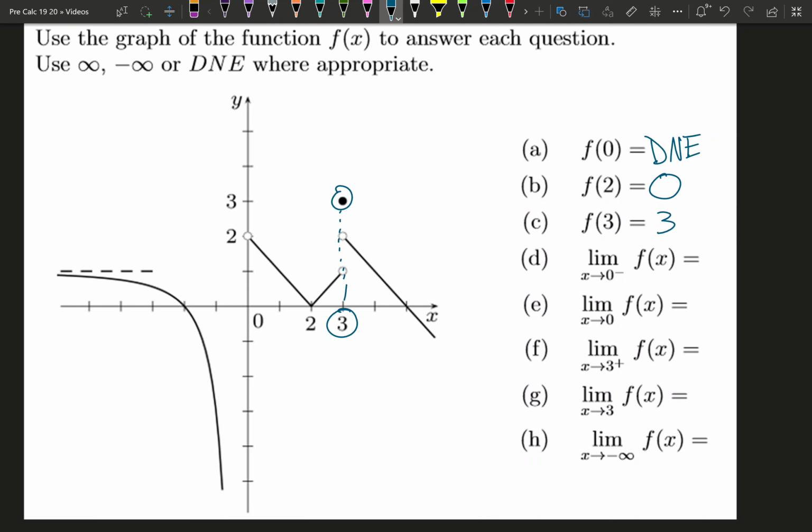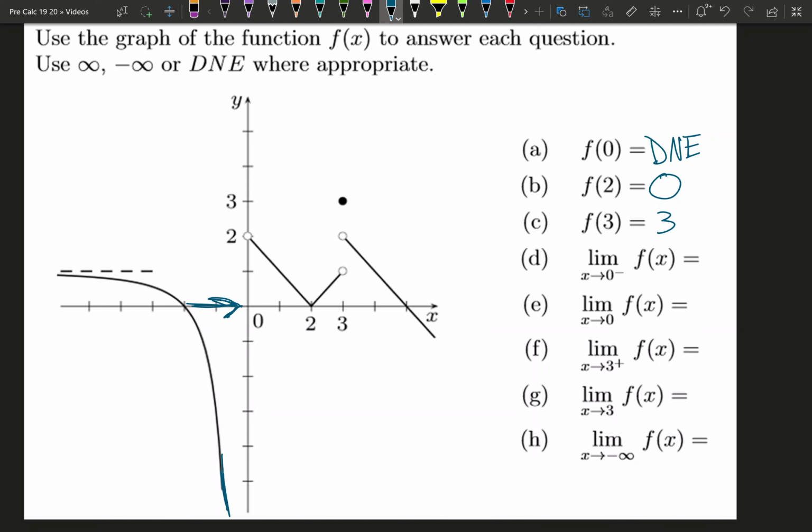Now, the reason we're doing these is to help differentiate between what the function is doing at a specific value, so just finding the y-coordinate, and determining what the limits are. So for example, we look here, the limit as x approaches 0 from the left, and that's what that little negative exponent is. So we find x approaching 0 from the left, and we take a look at what the y-coordinates of the function are doing.